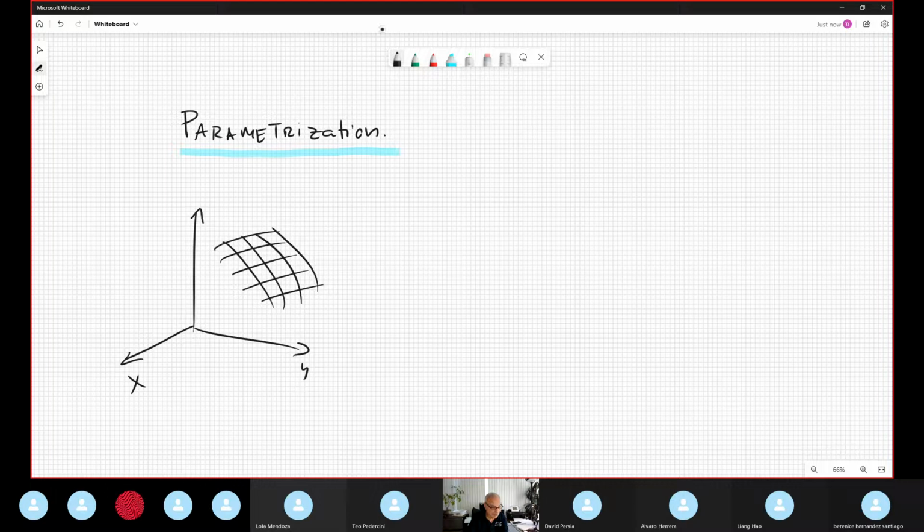And you are doing the parametrization of this surface like that: a vector-valued function r of u comma v is a vector, and we have the x component as a function of u comma v. I call it x, like the name of the function, but it has a double meaning.